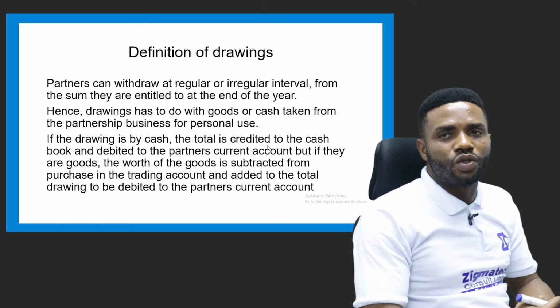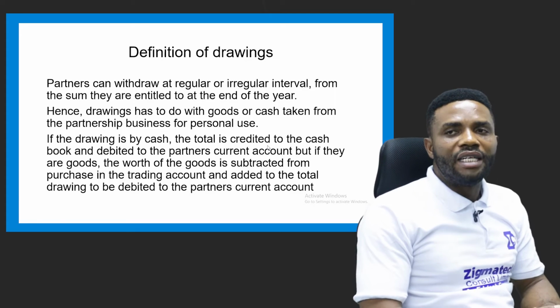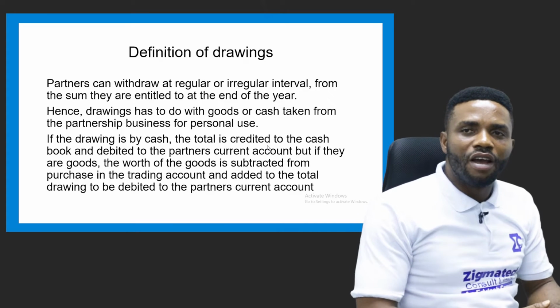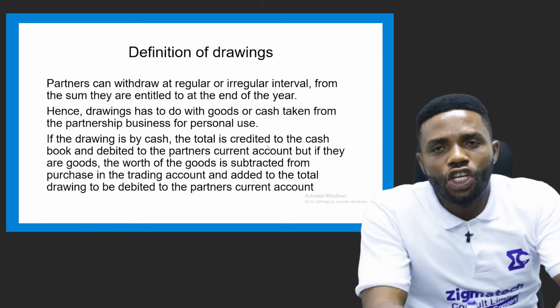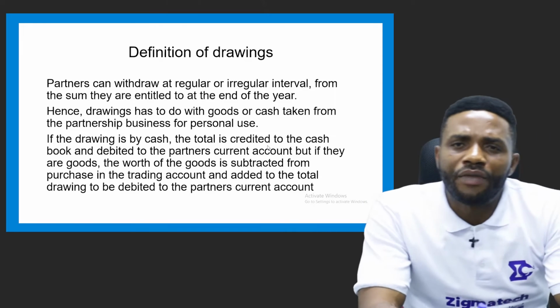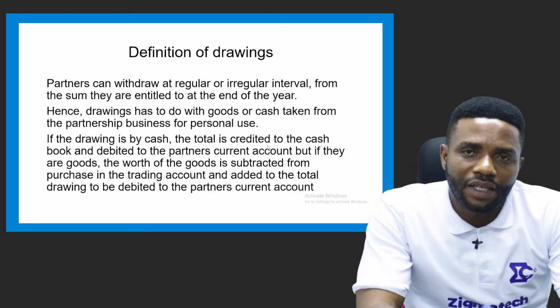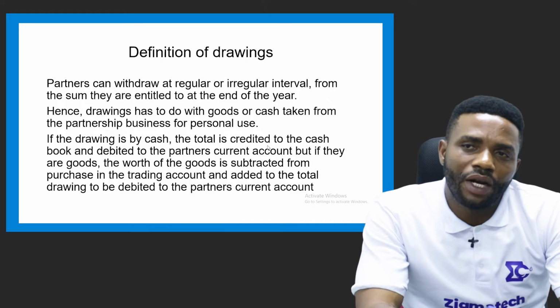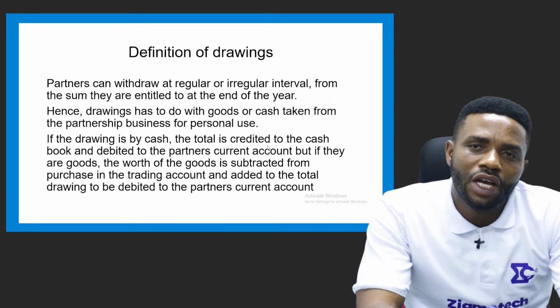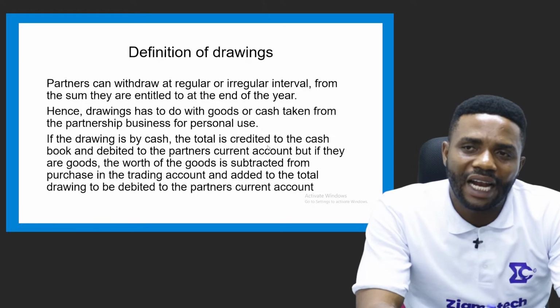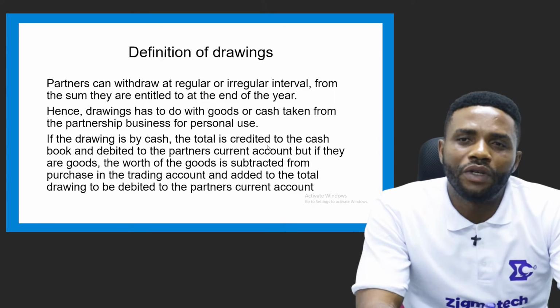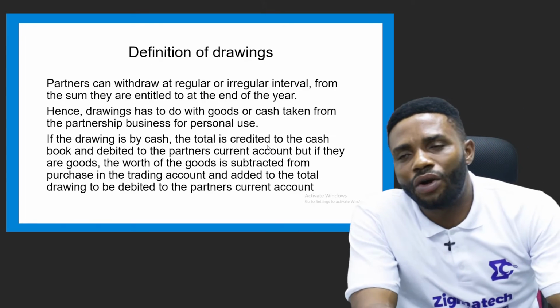Hence, drawing has to do with goods or cash taken from the partnership business for personal use. If the drawing is by cash, the total is credited to the cash book and debited to the partner's current account. But if they are goods, the worth of the goods is subtracted from purchases in the trading account and added to the total drawing to be debited to the partner's current account.